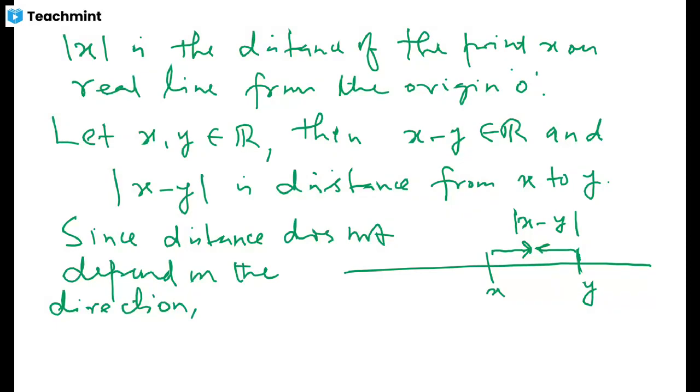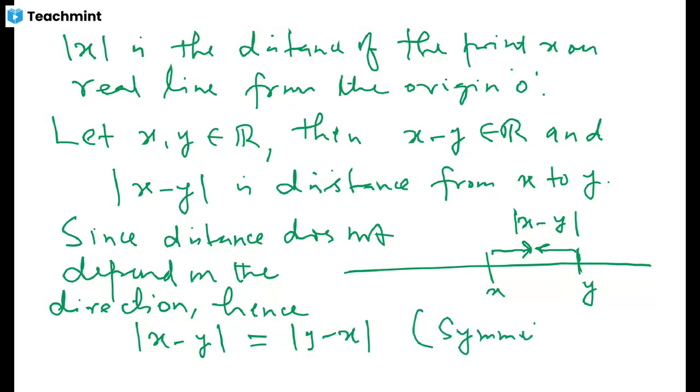Hence, the distance from x to y, which is mod of x minus y, is the same as the distance from y to x. This property is known as symmetry. The modulus function has this symmetry property that modulus of x minus y is equal to modulus of y minus x.